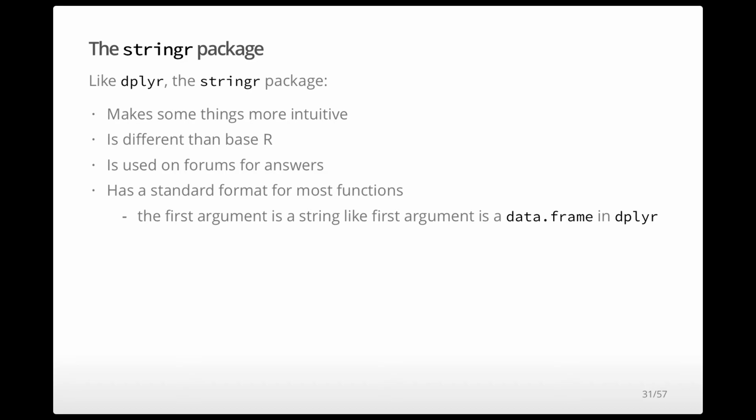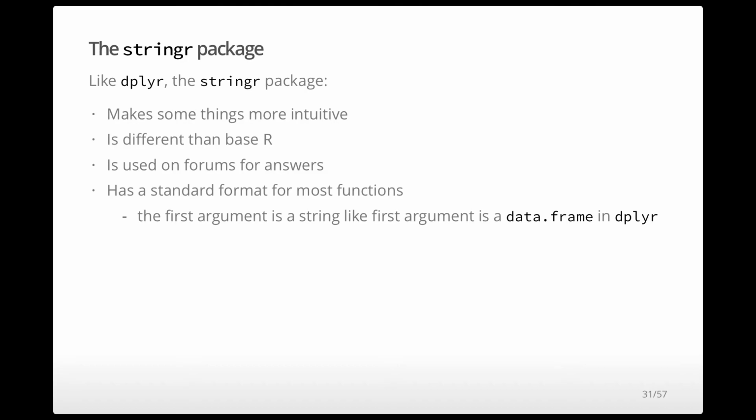It's used a lot for answers. It has a standard format for most functions. The first argument to every function in stringr is the string you want to do either a replacement on or the matching on. That is not the case for the functions in base R. Why is that important? We're teaching piping. Piping assumes the first argument that you pipe in is the one you want to pass in.